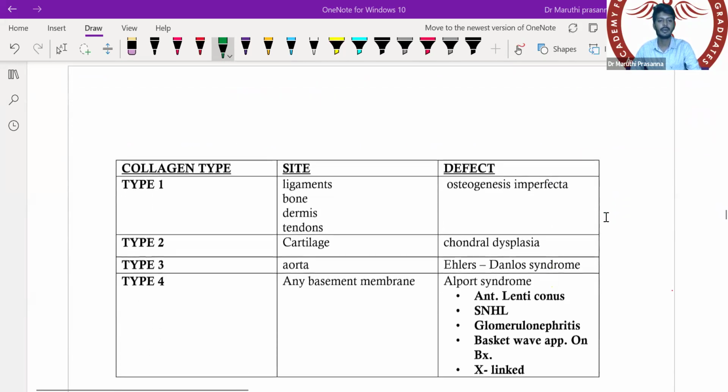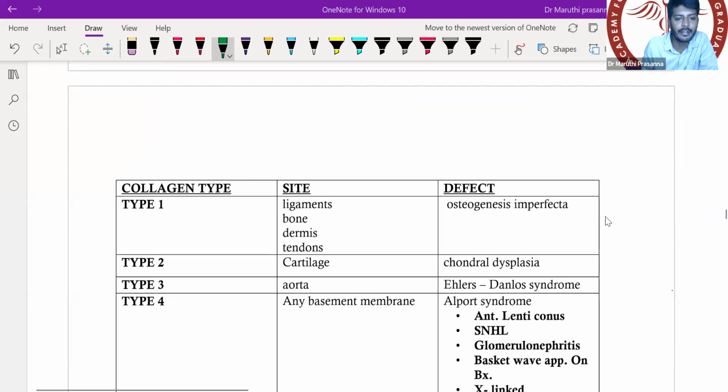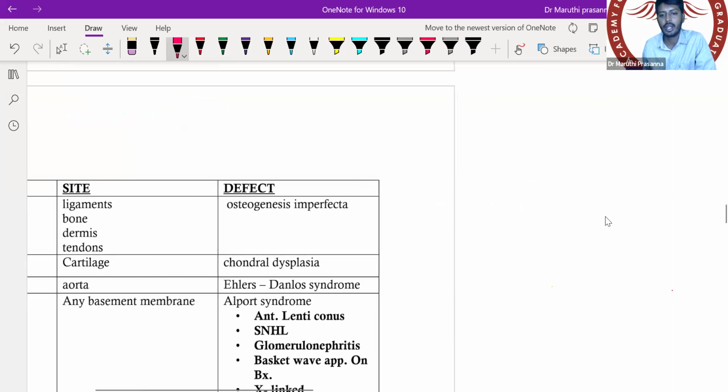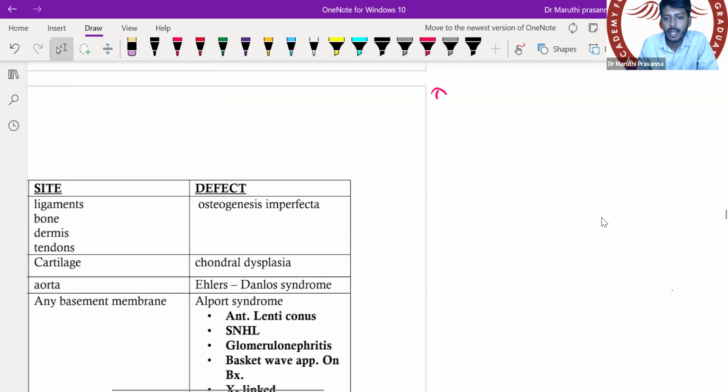Let's go to the next one. That is your collagen. Now let me teach you a little about collagen. Listen to me. When we are looking at collagen, first we have DNA. From the DNA, we form mRNA. What do you call this process, DNA to mRNA?